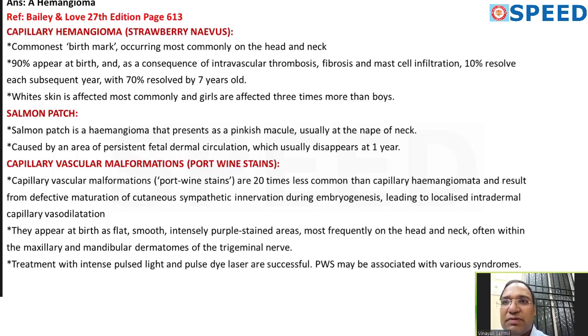White skin is affected most commonly, and girls are affected 3 times more than boys. The same explanation with the questions asked now is there in the PowerPoint slides also and in Bailey and Love. Still the answer remains hemangioma only. There is no difference. This again we have discussed in the class. Salmon patch we discussed, capillary vascular malformation we discussed in the class.